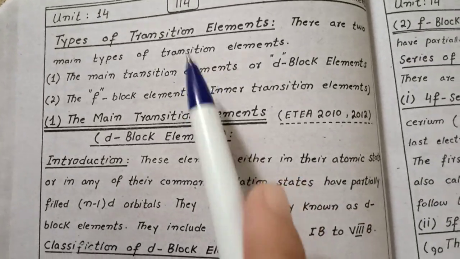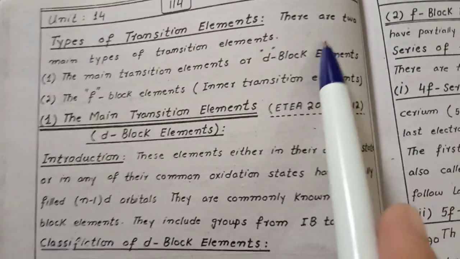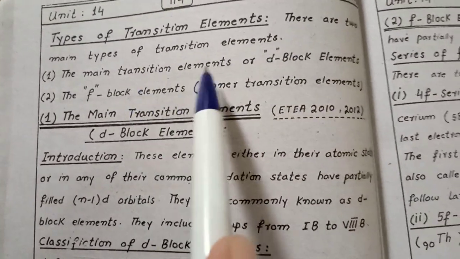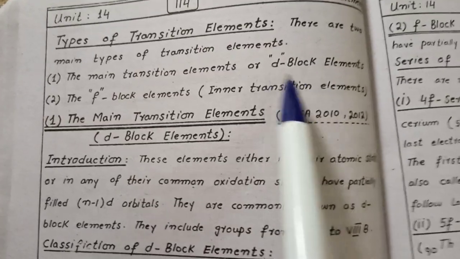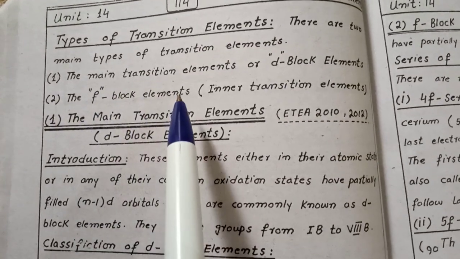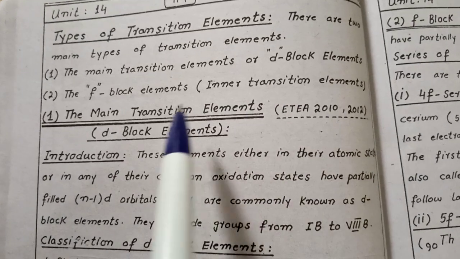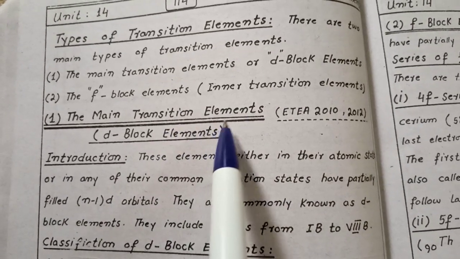Now what are the main types of transition elements? There are two main types. The main transition elements are the D block elements, and the second are the F block elements, which are also known as the inner transition elements. Let's see the main transition elements.